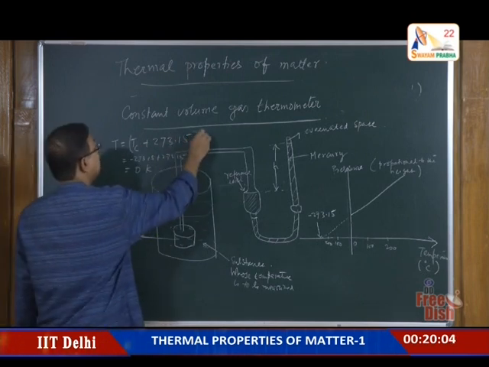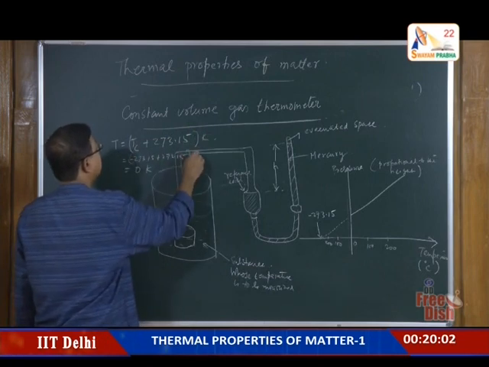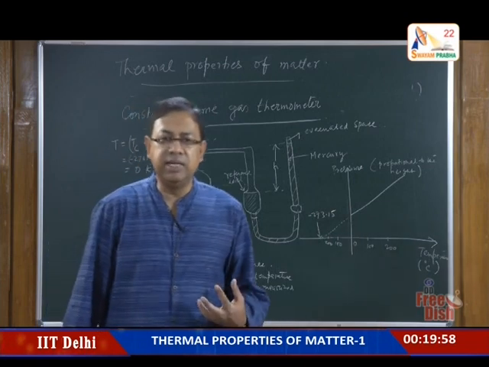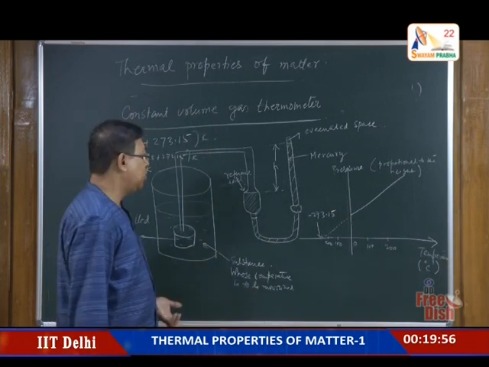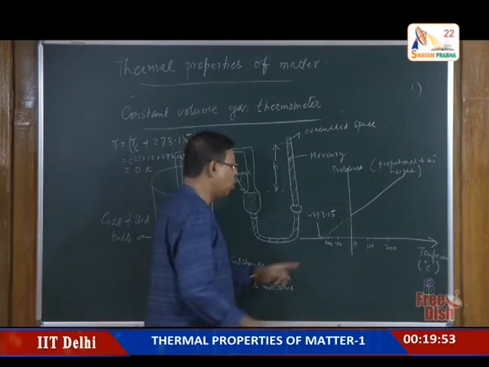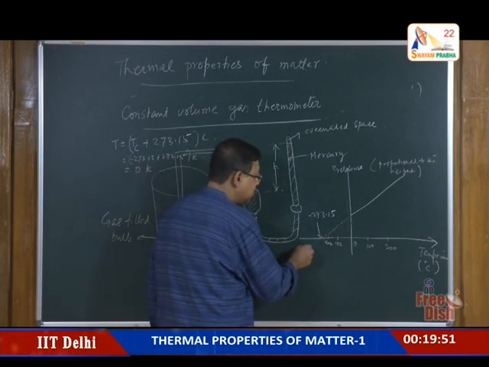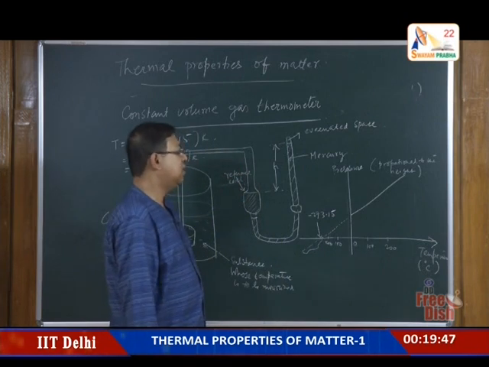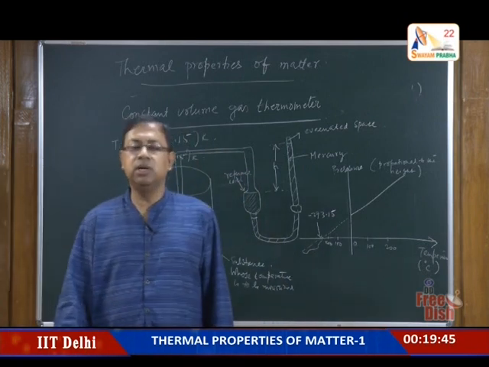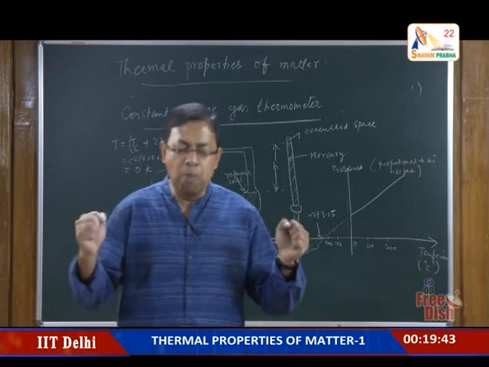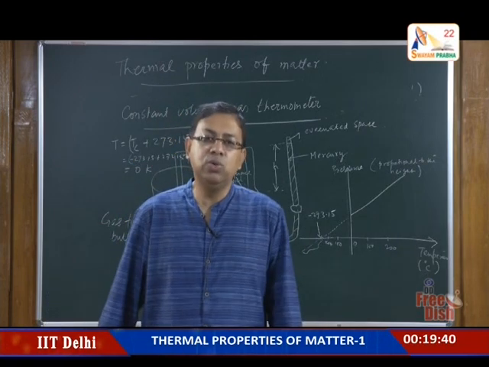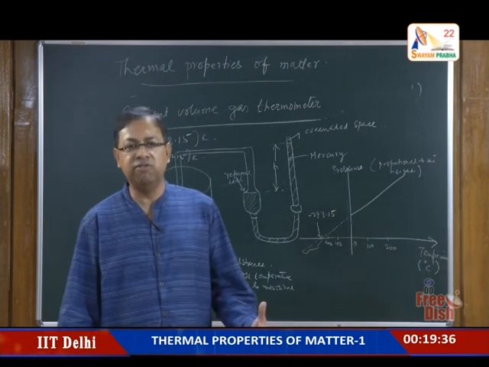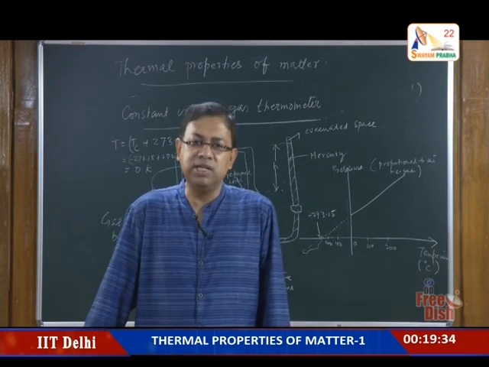And this 0 Kelvin is denoted as the absolute zero because this region is having a negative pressure, and you cannot compress anything to any pressure less than 0, that is, negative pressure cannot arise for a real substance.